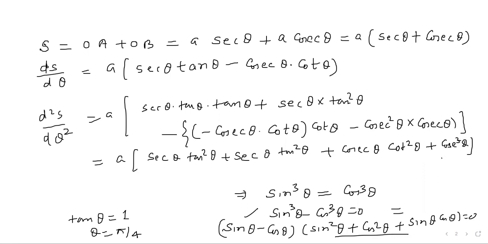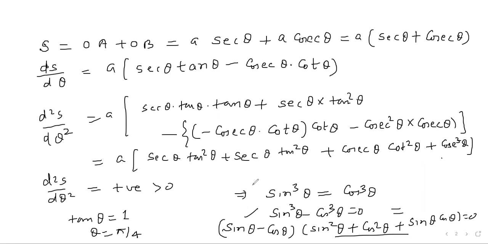Now at theta equal to pi by 4, d2S by d theta 2 will be positive, which is greater than 0. Hence the function will be minimum.